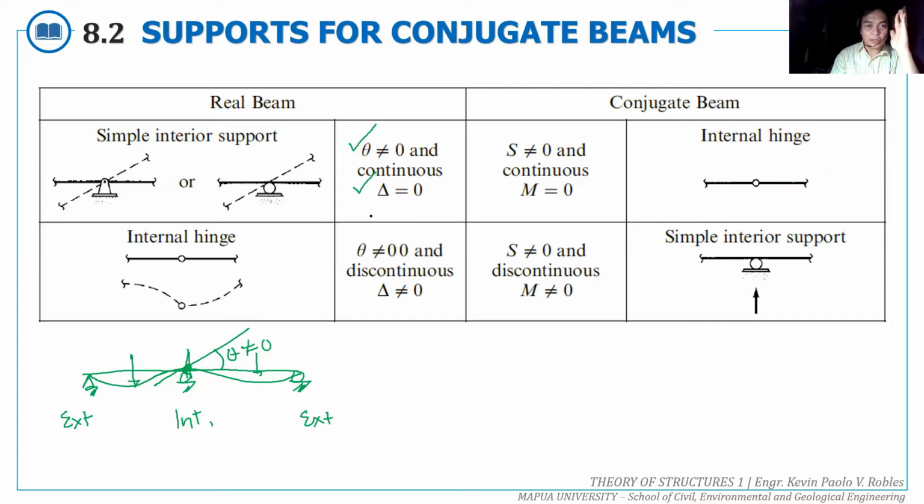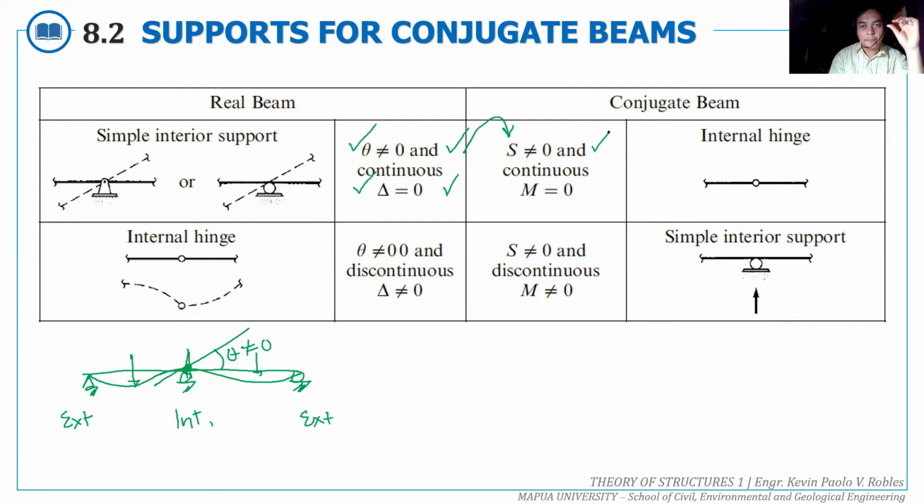Ang deflection doon equal to 0 kasi hindi naman siya gagalaw baba or taas, diba? Okay, so theta is hindi 0, pero ang deflection doon ay 0. Again, yung theta, pagdating sa conjugate beam, will correspond to the shear. So kung hindi siya 0, it follows that the shear is also not equal to 0.